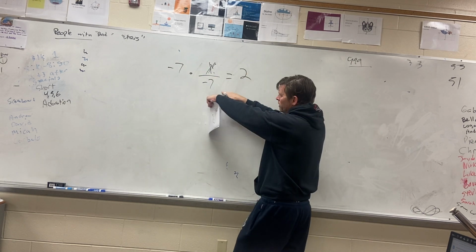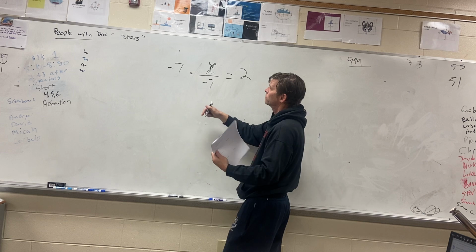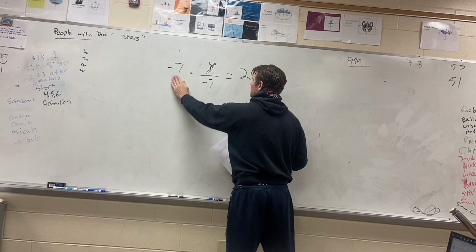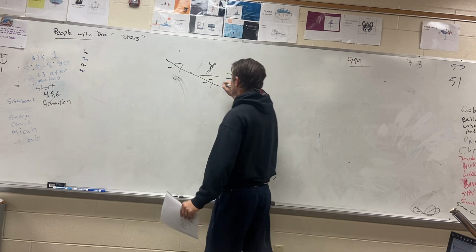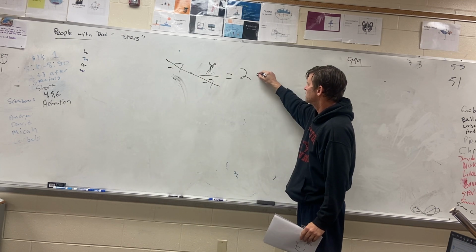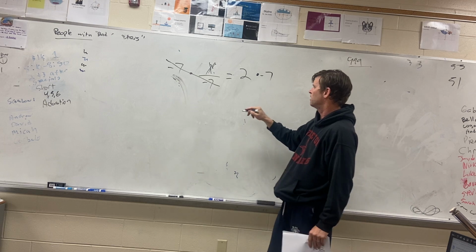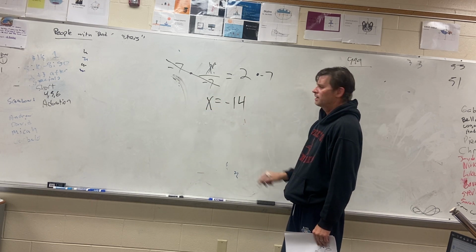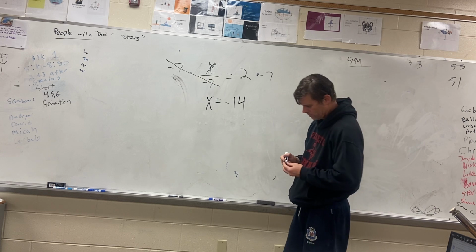So up here, you times by negative 7. That cancels that. You do the same thing to the other side, because 11th commandment, you have to do the same thing to both sides. X equals negative 14, okay?